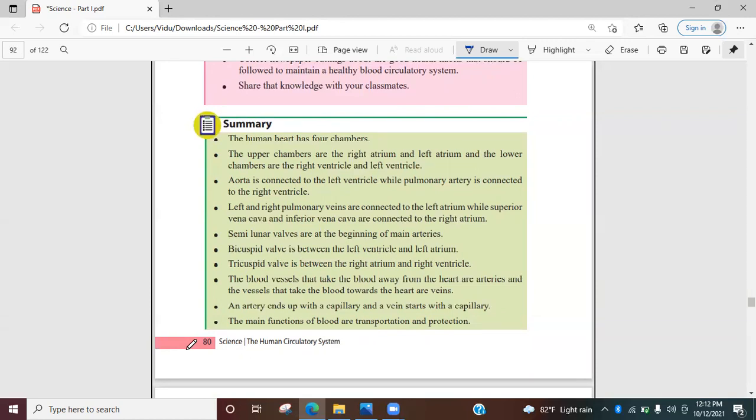The bicuspid valve is between the left ventricle and left atrium. The tricuspid valve is between the right atrium and right ventricle. The blood vessels that take blood away from the heart are arteries, and vessels that take blood towards the heart are veins. An artery ends with capillaries and veins start with capillaries.